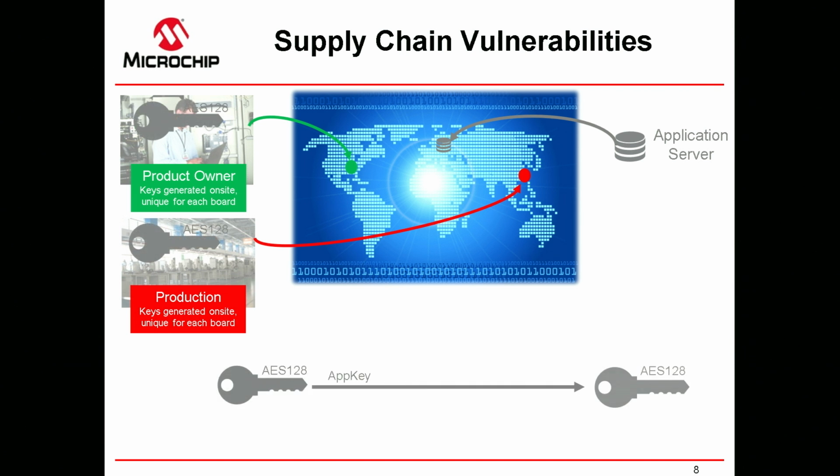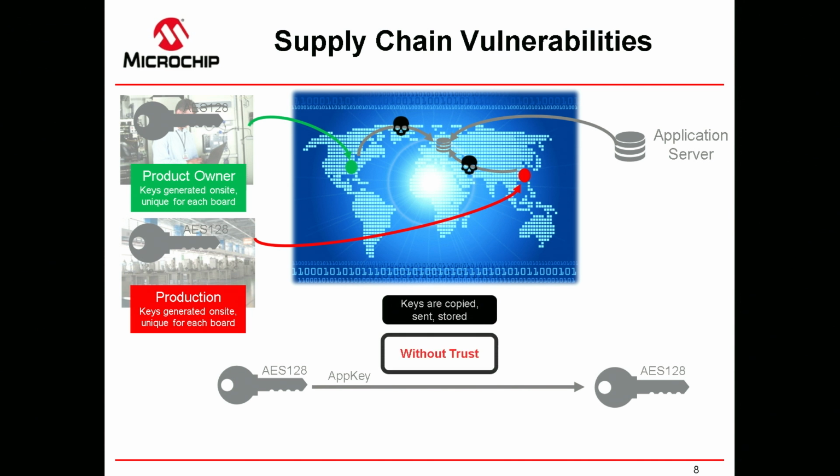Now we have that shared key that needs to be the same from the product owner, or the production side, and the server. All those things are being shared today. We're back to the envelope model, where literally keys are copied, pasted, and sent over not necessarily secure links. There is no trust established, no trust that can be verified down to a root among all the different providers.